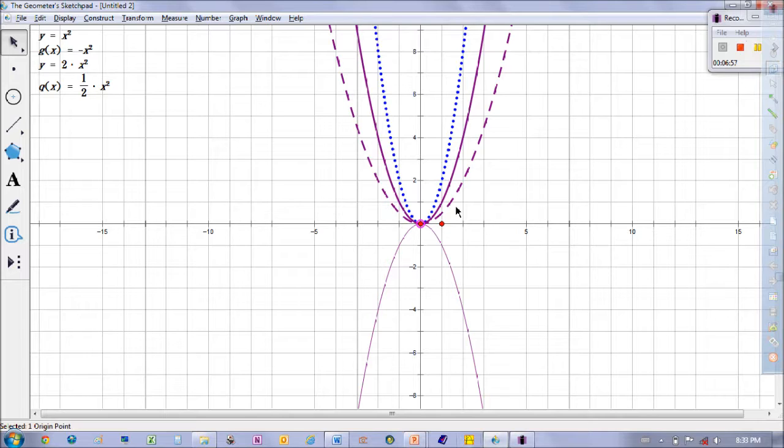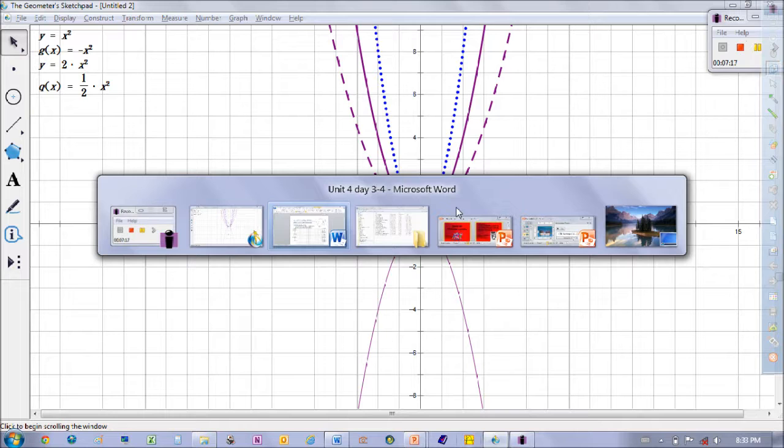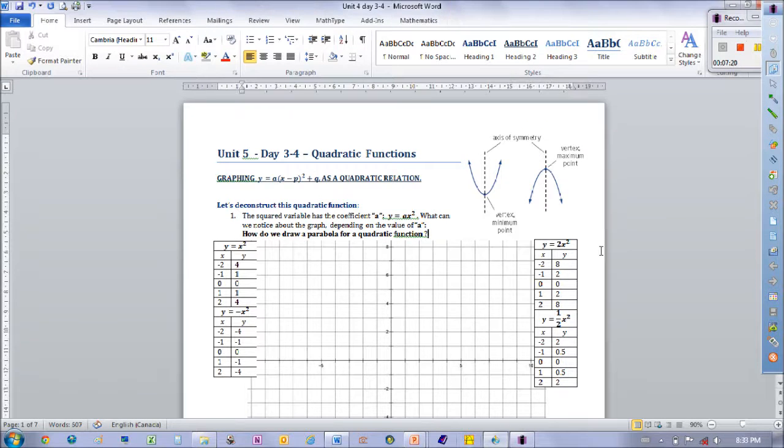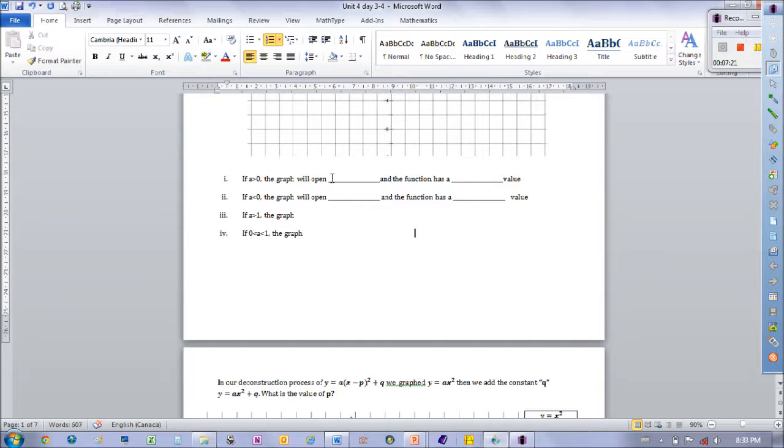So if we're thinking of some observations, what could we conclude looking at the different a values? Let's go back to our Word document and we can make some observations. Well, if the a is positive, the parabola will open up and the function has a minimum value. If the a is negative, the parabola will open down and the function will have a maximum value.